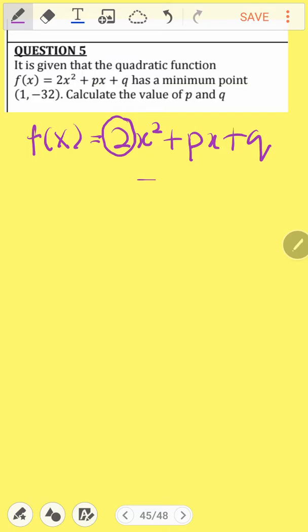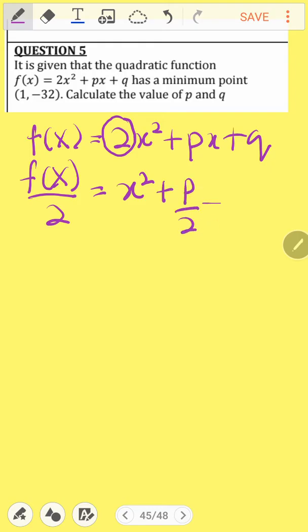So how do you go about doing this? We have to bring 2 out, as if divided by 2 for both sides. So this is x squared plus p over 2 x plus q over 2. Remember we have to divide both sides with 2.